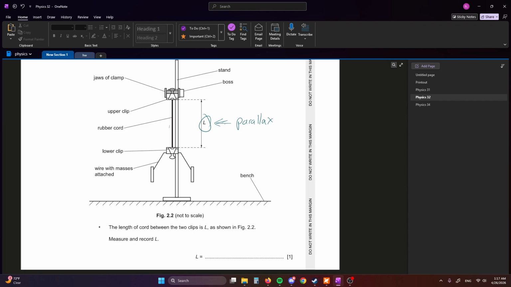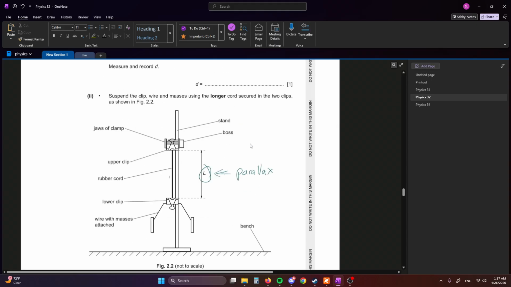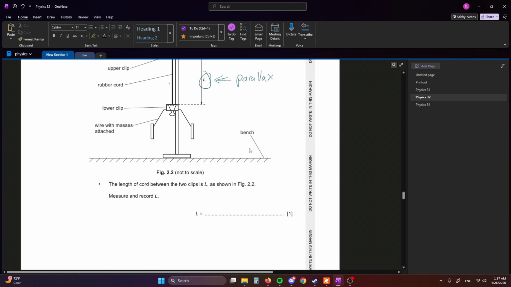So then what we can do is use a more accurate measuring instrument. In the mark scheme, it says to use a traveling microscope. I have no idea what that is, to be honest.